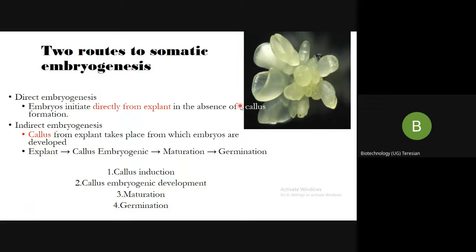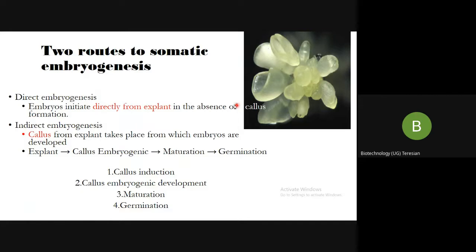So, what happens here in direct embryogenesis? The cell itself is getting transformed into somatic embryos. So the plant produced from these embryos will be the mirror image, exactly or identically the same as the mother plant. So it is ideal for micropropagation. Is it right?